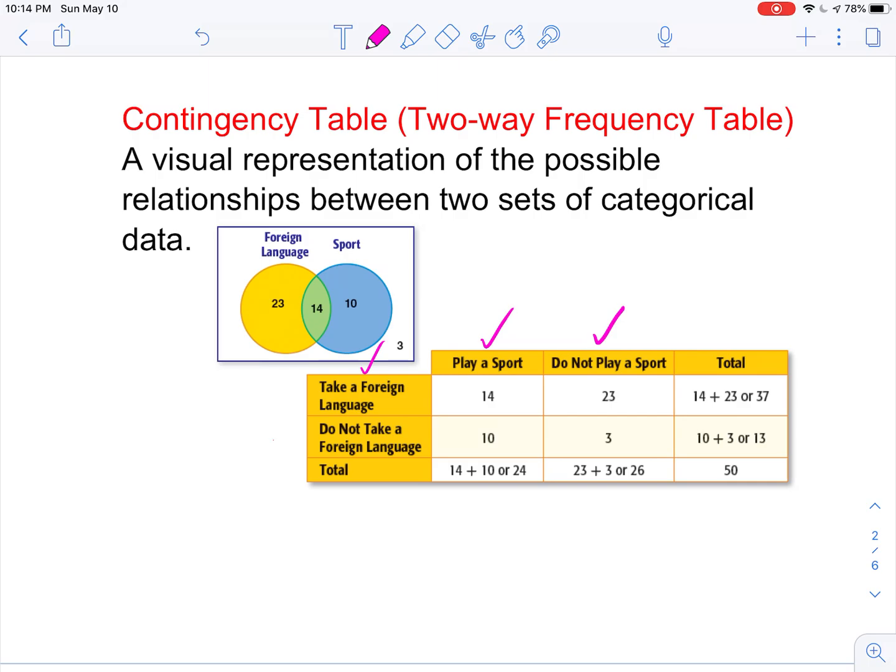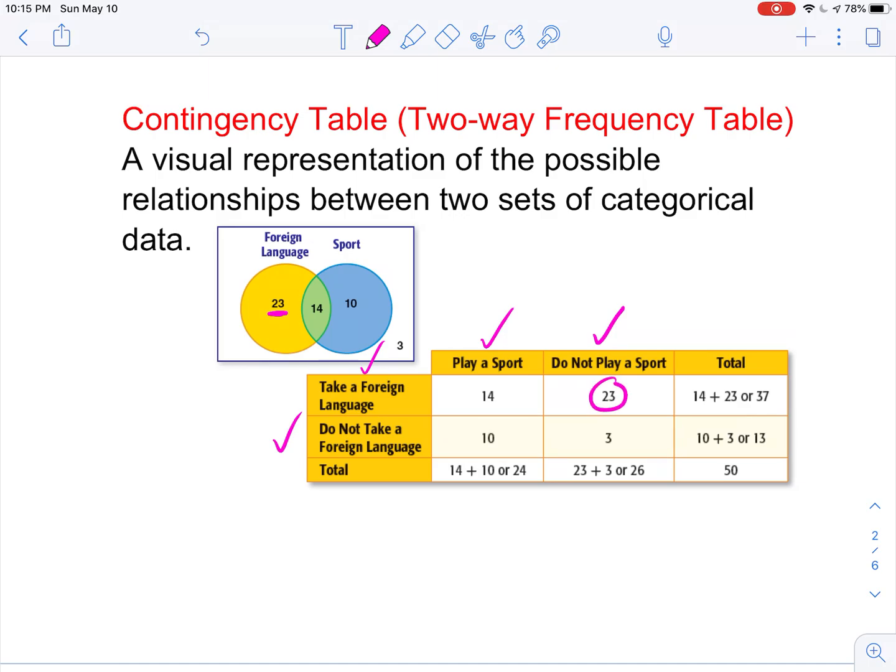Well, on the two-way frequency table, we do have take a language and play a sport. But we also have the category of do not play a sport and do not take a foreign language. And we need that because remember, one of the questions was how many students do neither of the two? Okay, so you need an area on our table that satisfies this.